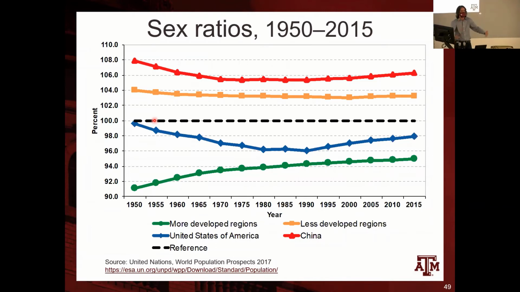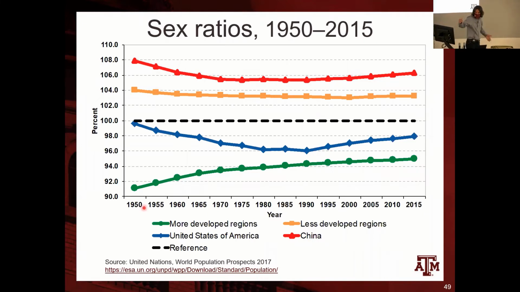They don't have as good an education, good jobs, and usually they have better mortality, so higher life expectancy. In less developed countries, this advantage is not so high compared to men. So overall, you have more men than women. And that's really pronounced for China here, the red line.